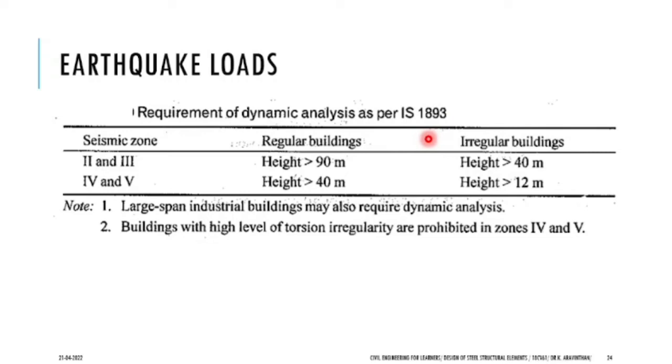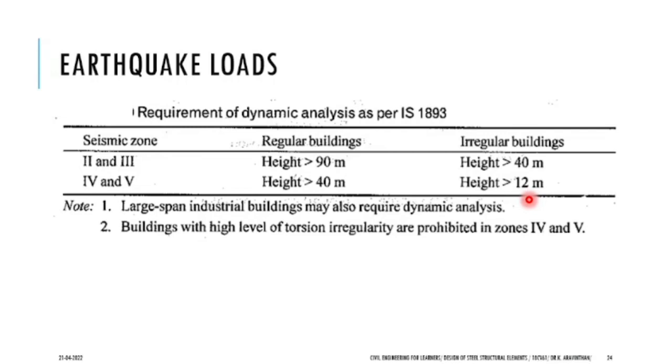So for every construction, you need to submit your plan for approval. Yes or no? With the corporation, you have to send it for approval. In your approval, you have to give these things as the specification. When you are constructing in zone 5 or 4, if you have regular buildings of less than 40 meter or irregular buildings of less than 12 meter, 12 meter is around a 3-story structure.